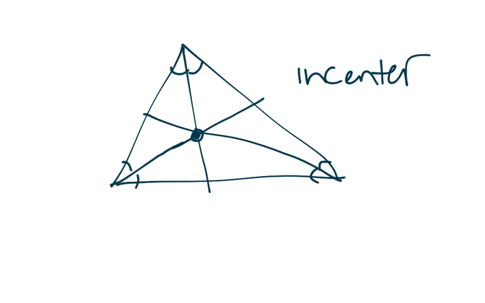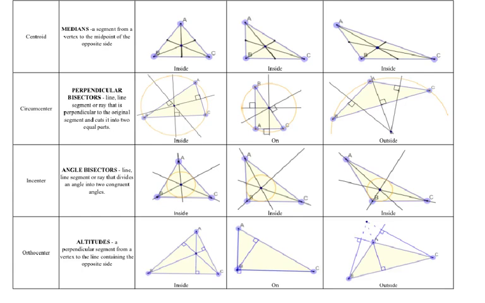And the interesting thing about an incenter is if I were to draw a circle inside the triangle, then each of these is a radius of the inside circle. And I think that one is easy to remember too, because it's called incenter, and it creates an inscribed circle.